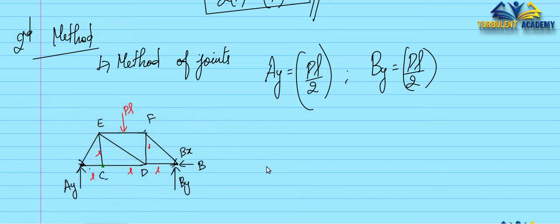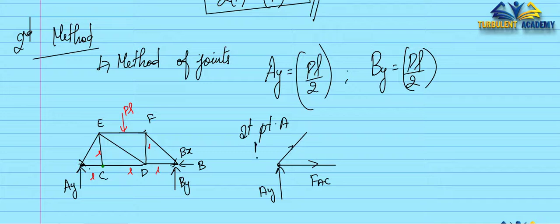Okay, so this is the method of joints. Here we should solve it by using the method of joints. At first we'll apply it at point A. So at point A, this is AY, this is FAC, and this is FAE. Now this is 45 degrees, this is 90 degrees, and this is 225 degrees.